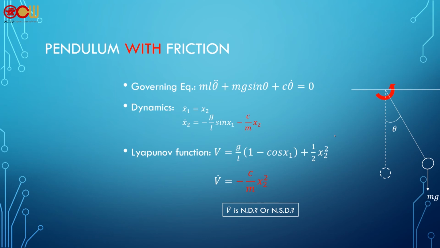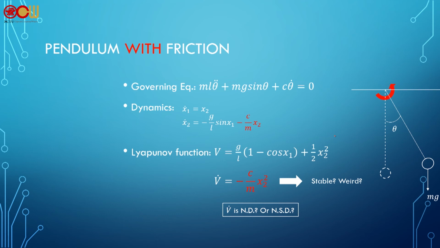So x1 could be 0, could be non-zero. If x2 is 0, v dot is 0. But x1 could be 0 or non-zero. We don't care, it doesn't change v dot. That means not only the origin can make this one zero. The best you can conclude is stable, because x1 is not constrained.